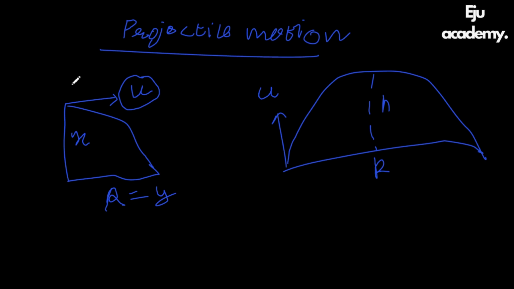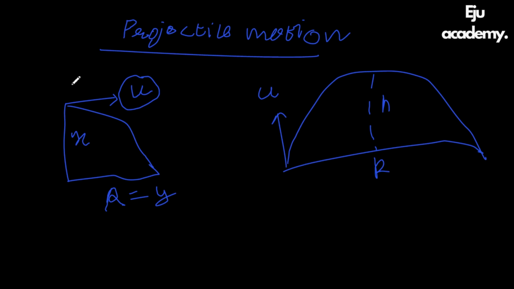What is projectile motion? Projectile motion is the name given to the motion of any body which is thrown into some space with some velocity. You have thrown some ball or anything into some space, and the motion of that object is known as projectile motion.